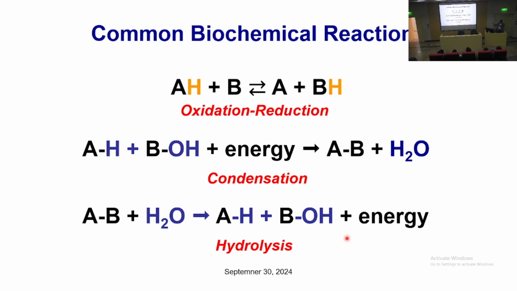Hydrolysis is the reverse of this reaction, but it produces energy. The same amount of energy that was needed to condense these molecules and produce water, we will produce if we add water to this molecule and hydrolyze it.